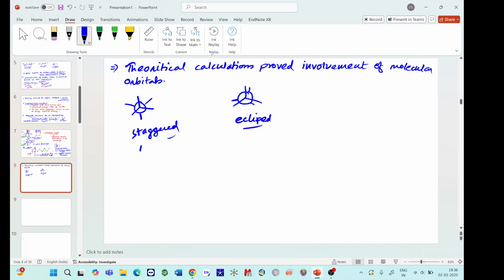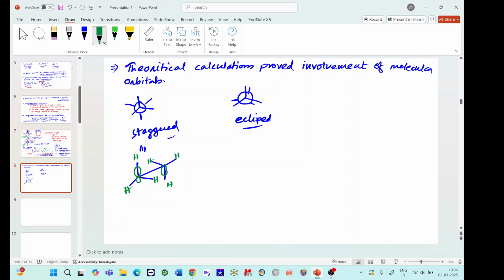Now I will represent this one in Sawhorse form. Now what can you see here? You have this hydrogen all over. For this hydrogen single bond, you have your bonding orbital here and anti-bonding orbital here.